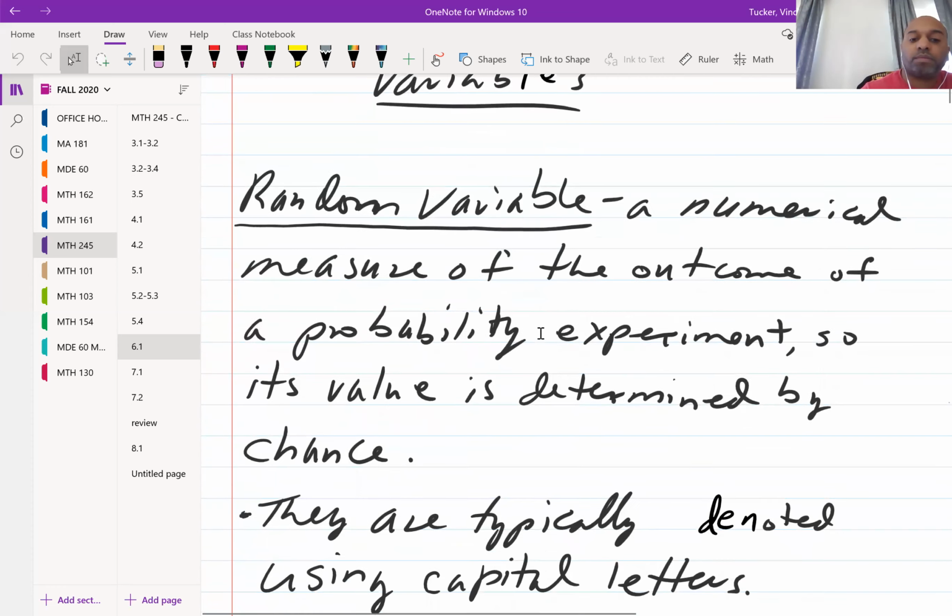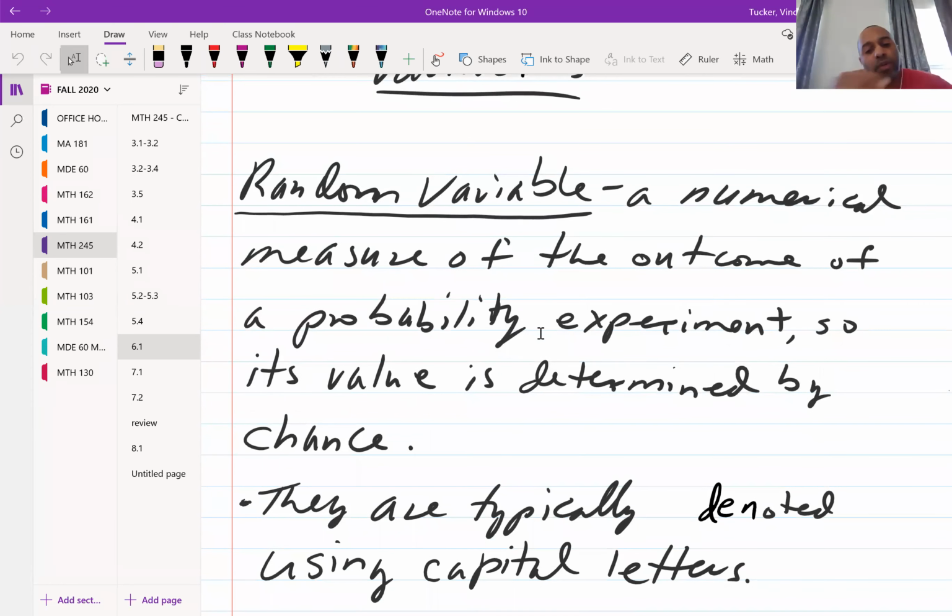All right. They are typically denoted by using capital letters.